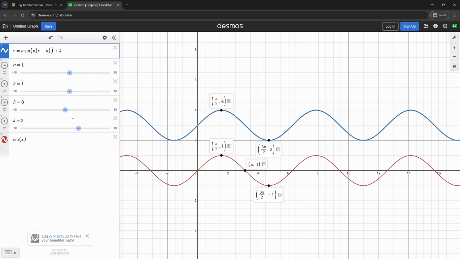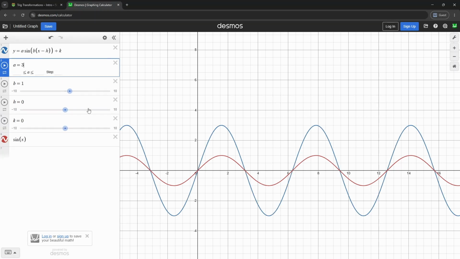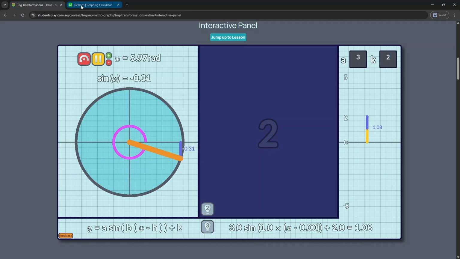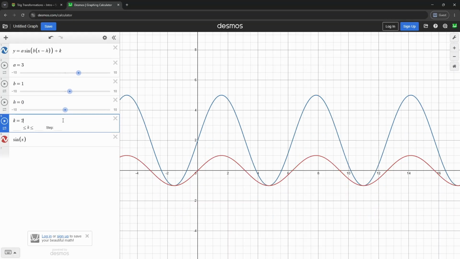So if we just make K 0 again, let's make A 3. And then we have a look at what's happening. So all the 1s are bumped up to 3s. We did use 3, right? Yeah, nice. And so all the 1s are up to the 3s, 0s are still 0s, and -1s become -3s. And then we make K 2, so we're adding 2 to everything.